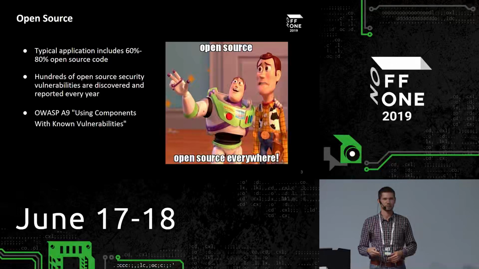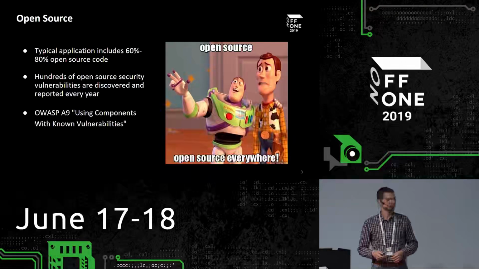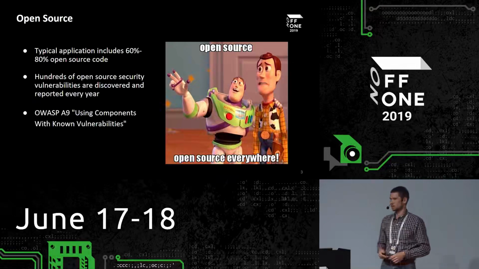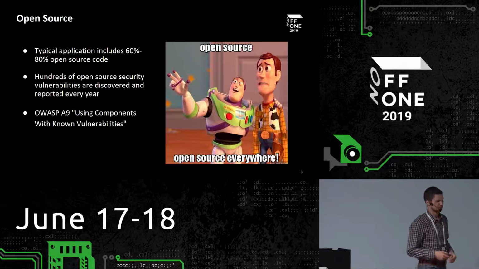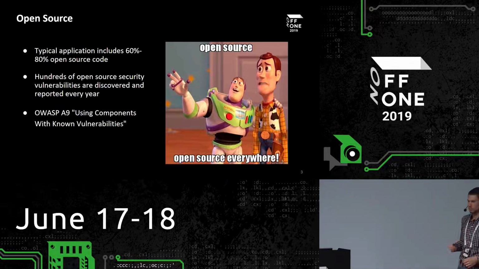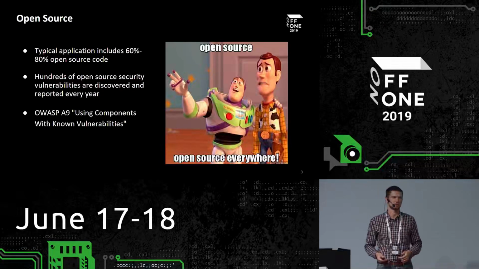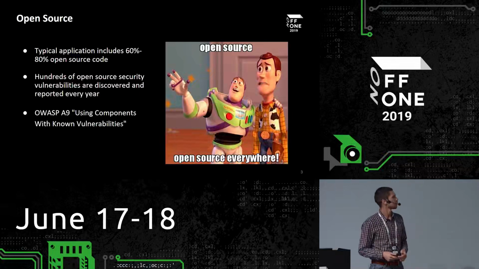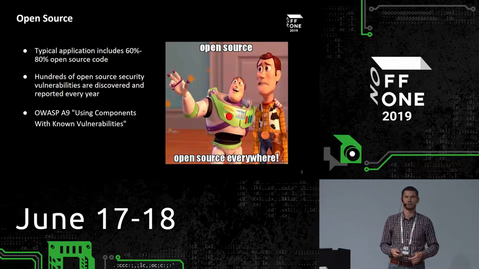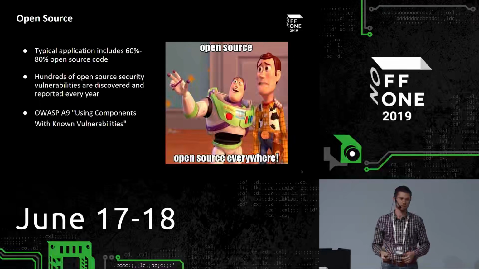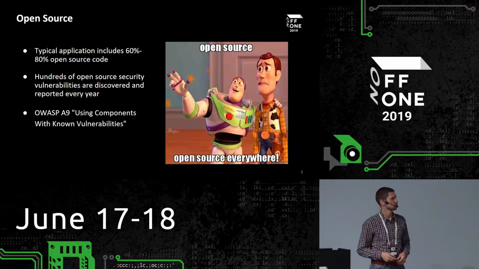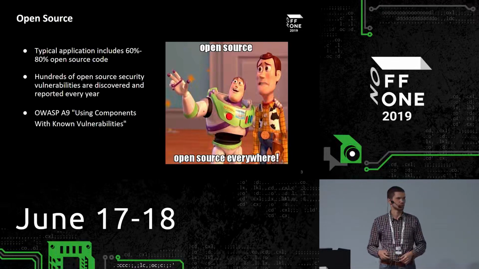Even though it is one of the last, number 9, it is still quite important and should not be ignored, as often, even in small projects, you can come across a lot of open source libraries, some of which will be deprecated and old and contain some CVEs. And statistically, even a small application can contain up to 60% of open source.